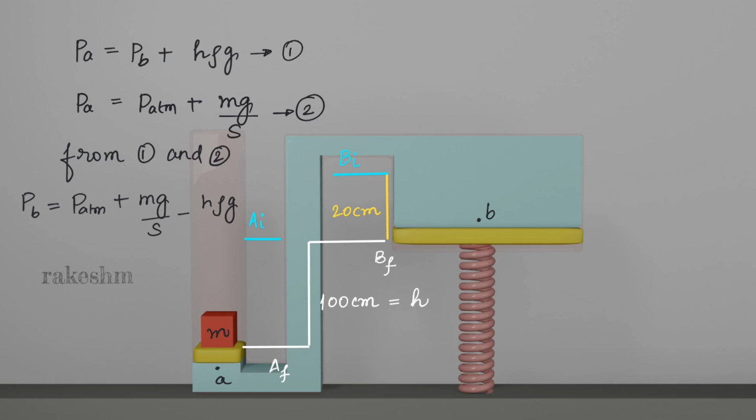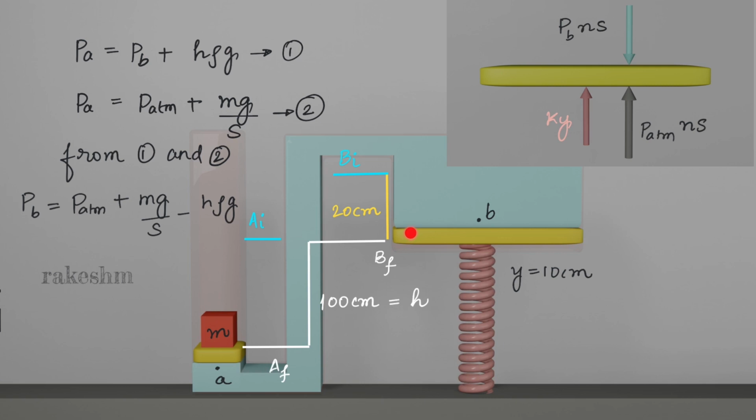Initially we saw that when this piston was here, the spring was extended by 10 centimeters. So when it would have come down by 10 centimeters, it would have been at its natural length. Another 10 centimeters, and it would have got compressed by 10 centimeters. So now the spring is in compression and its compression y equals 10 centimeters.